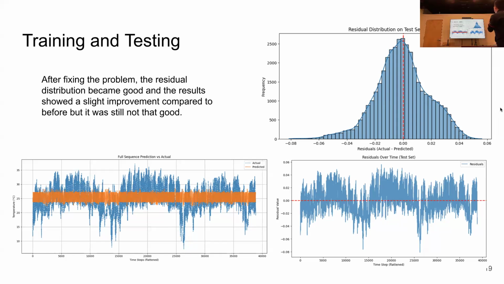Especially, we can see the residual distribution graph. I think the metrics are very good, but looking at this graph, the result is slightly better than before, but I still think it needs some improvement.